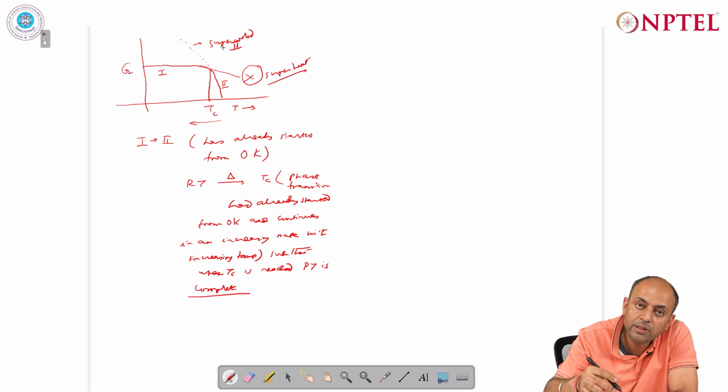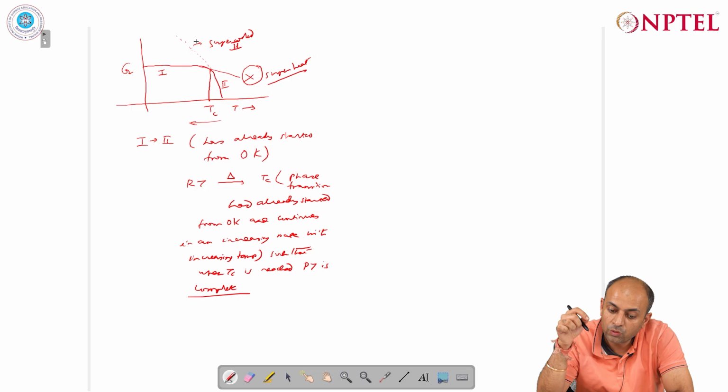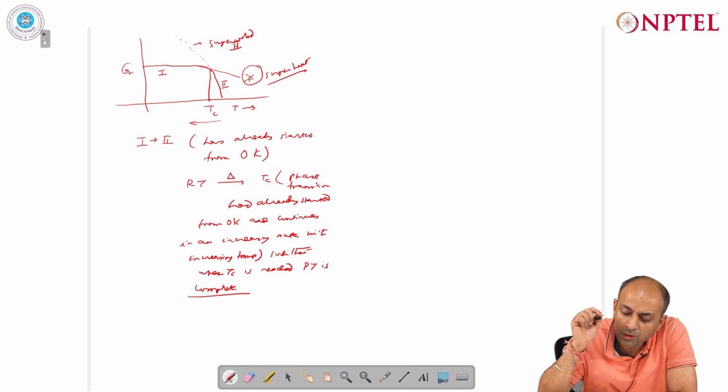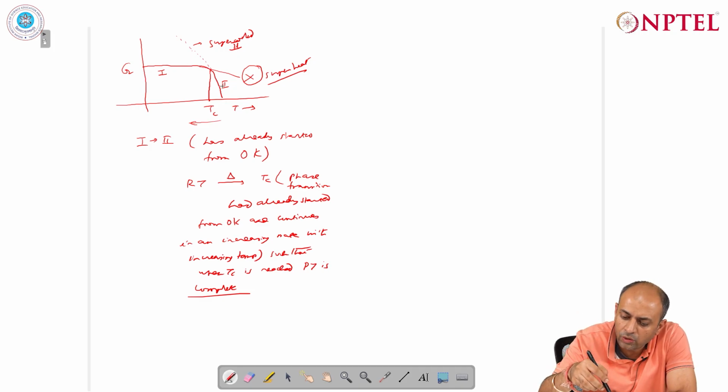But it is definitely possible to supercool 2 and progress along the dashed line if given an opportunity to do so. You can supercool 2 gradually and prevent its conversion to 1, but you cannot superheat 1, because 1 has already converted into 2.